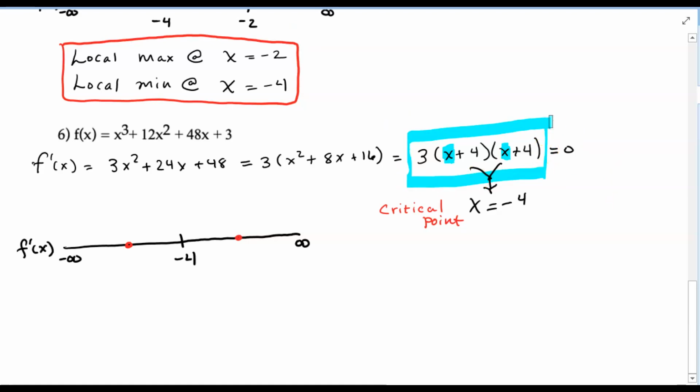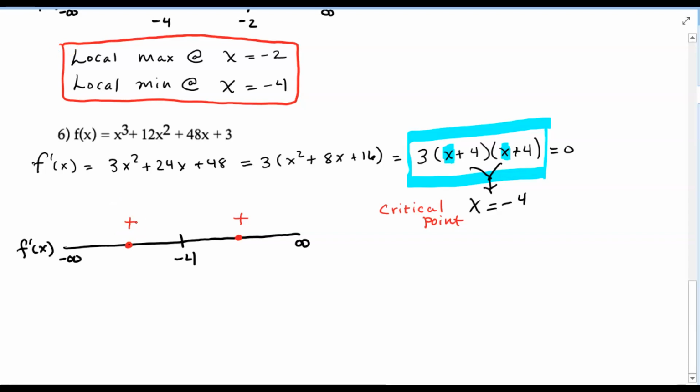When you plug in numbers, it just so happens you could pick a number like 0, which is to the right of -4. You're going to get a positive number. If you plug in a number like -5, you end up with a negative and a negative, which is positive. So it really doesn't change sign.